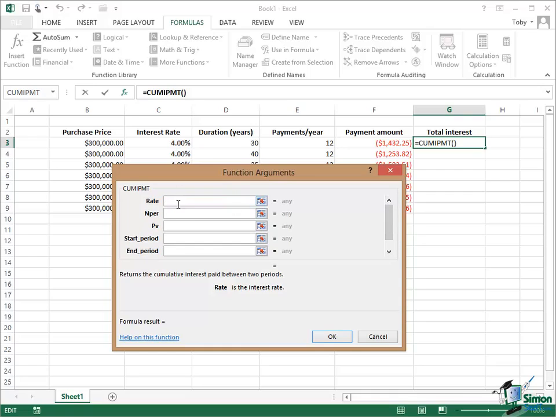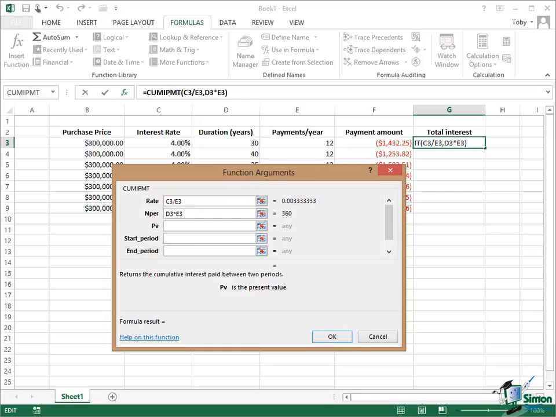So first of all, we put in the rate per period, which of course in our case is C3. That's the annual rate divided by payments per year, which is E3. Next is Nper, the total number of payment periods, which is D3 multiplied by E3.